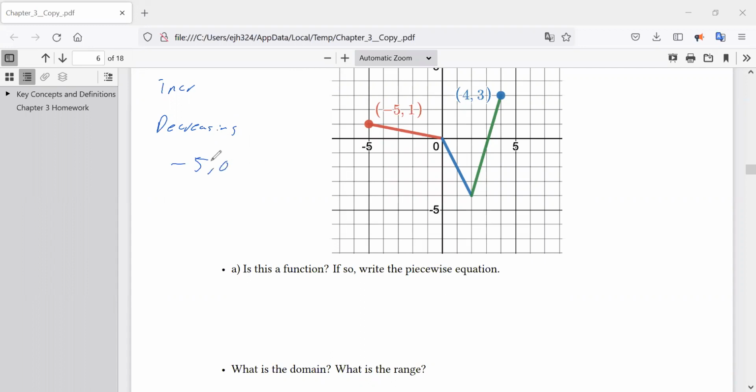Okay, so you're saying -5 to 0, 0 to 2. So how am I writing these? Are they brackets or parentheses? They're all brackets. And then you said that this is increasing, and bracket to 4.